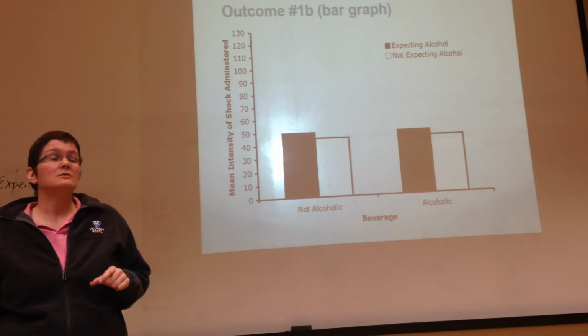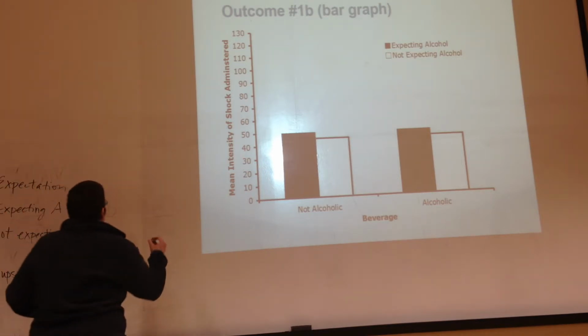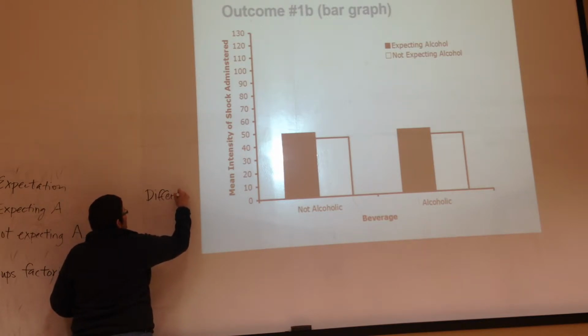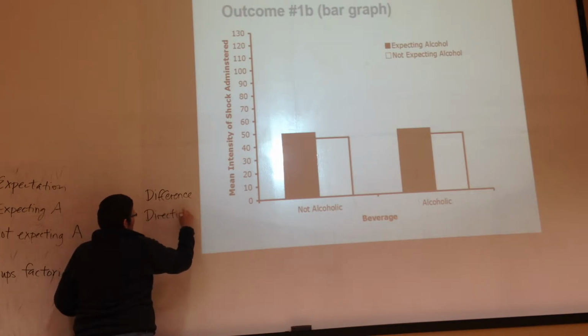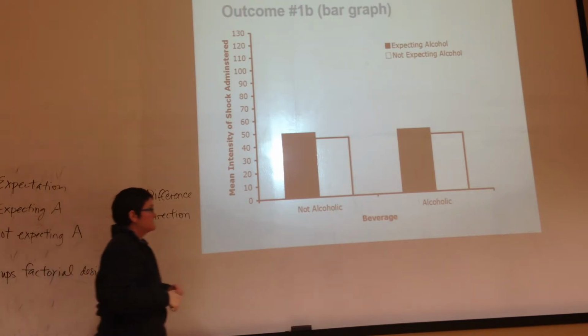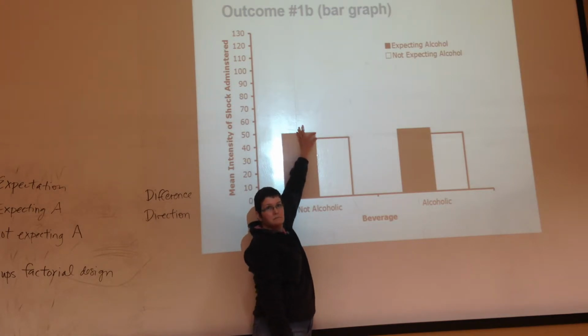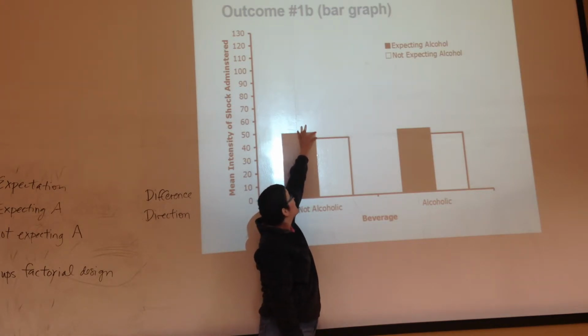Okay, and here's what I'm going to do. I'm going to look for the pattern of difference and direction. So first thing I want to do is look and see over here, how different are the bars here? Okay, they're different by a small amount. Very small amount.